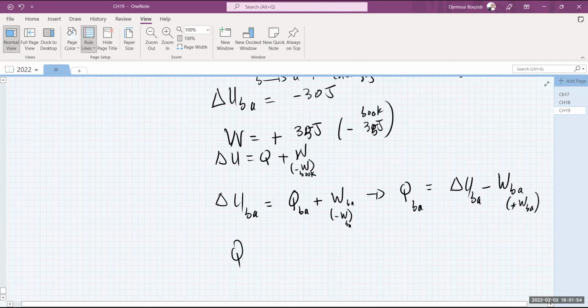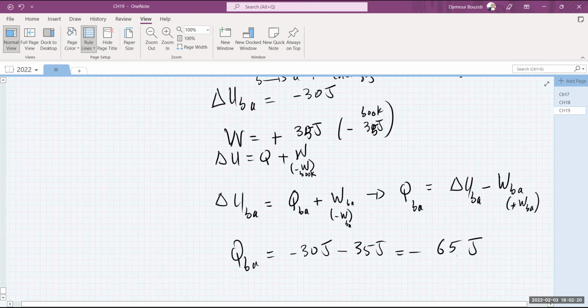So Q BA, according to us. We know delta U is a negative number, negative 30 joules, minus W, and W, according to us, is a positive number. According to the book, it's a negative number, but you add that negative number. So in either case, it's going to be minus 35. So this is going to be minus 65 joules.